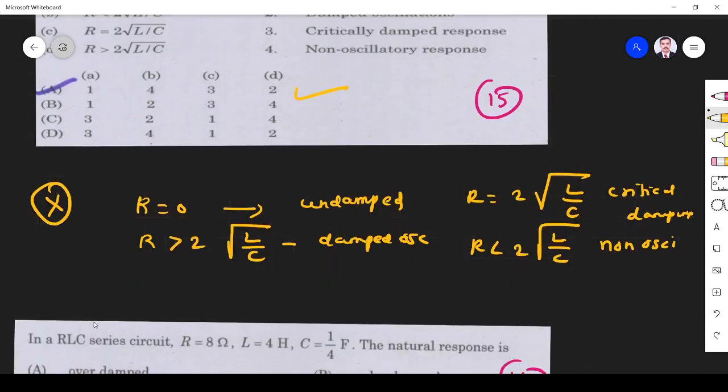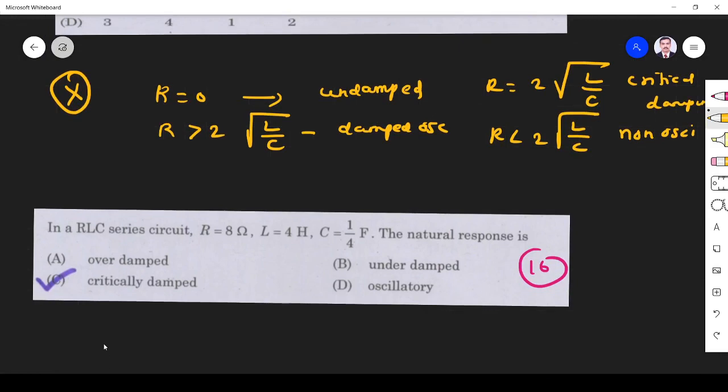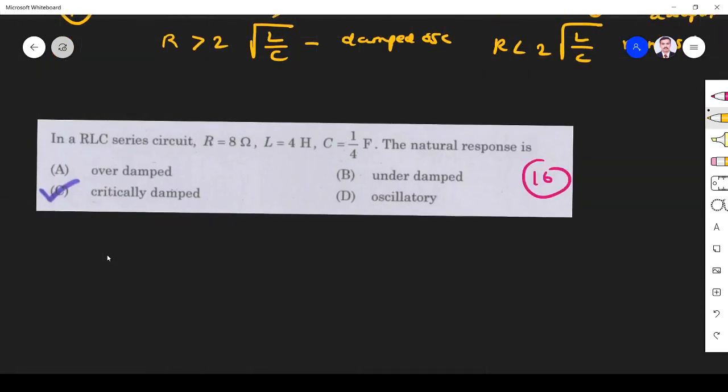Next one. If in an RLC circuit R is equal to 8 ohm, L is equal to 4 Henry, C is equal to 1 by 4 F, what is the natural response? Now only we saw, I have to find 2 root of L by C, then compare. R is 8 ohm.